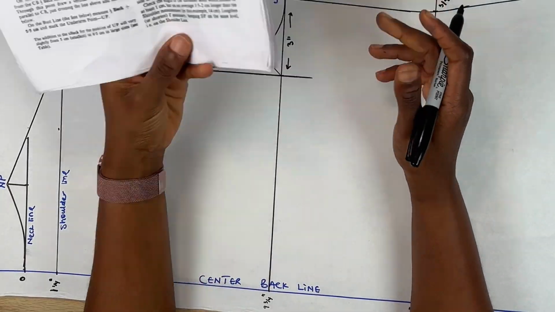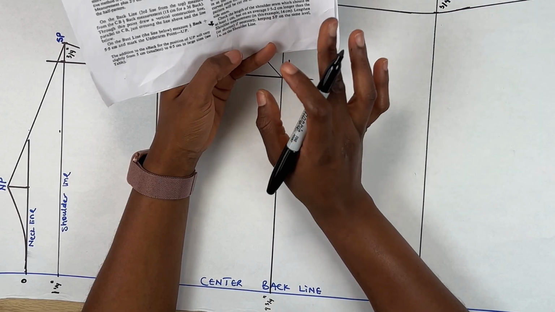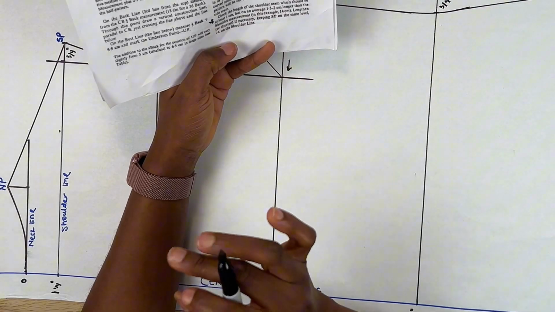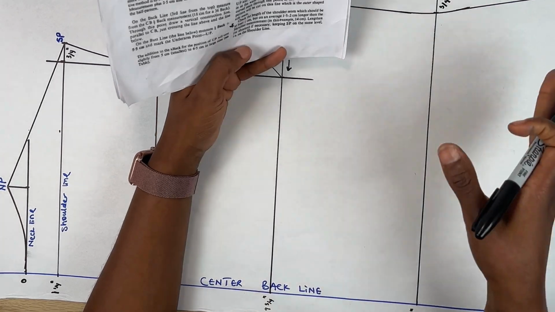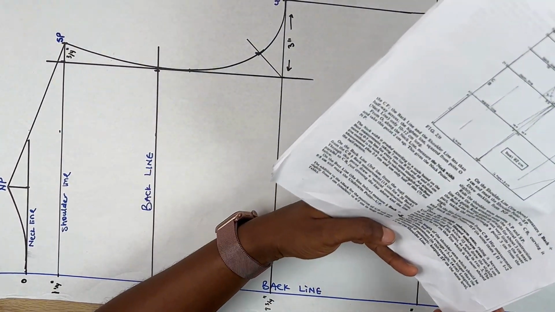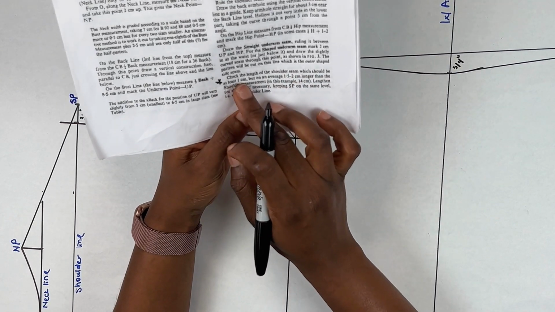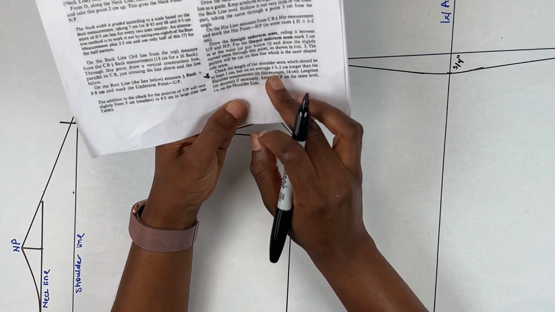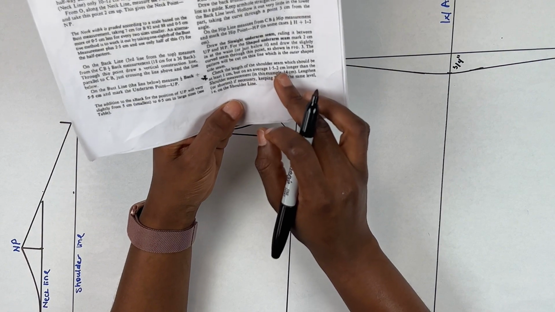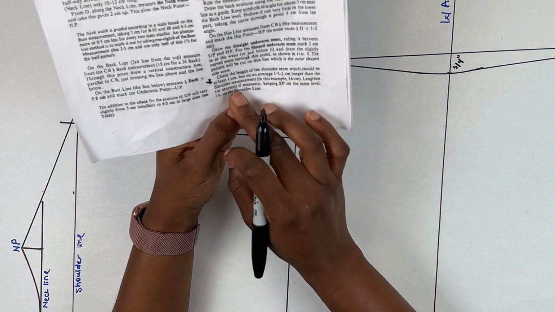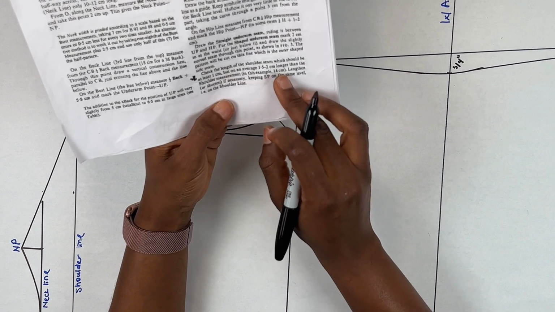Now, before we move to the front part, this is going to address how to get the actual shoulder length without it being longer when you make your pattern or when you cut your pattern out, okay? Check the length of the shoulder seam, which should be at least 1 cm, but on an average, 1.5 to 2 cm longer than the shoulder measurement. In this example, 14 cm.